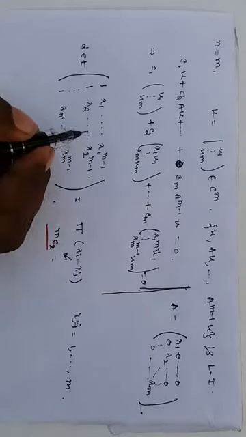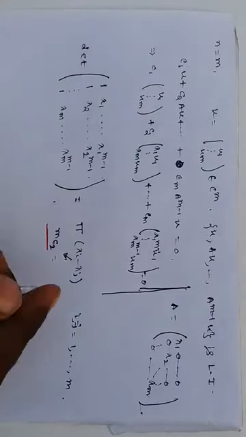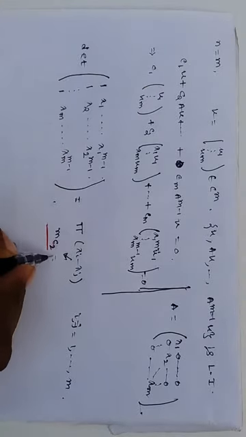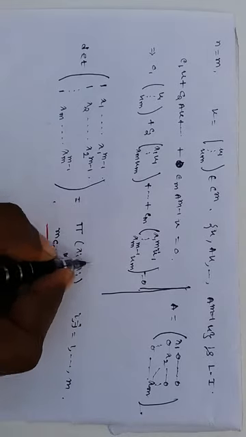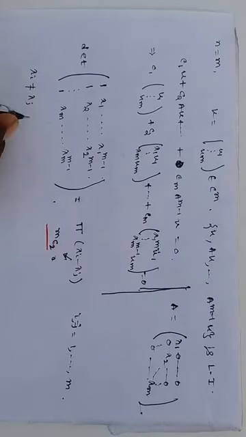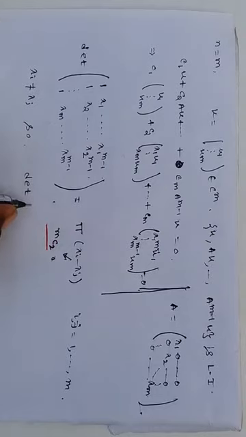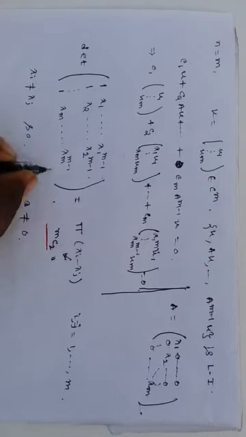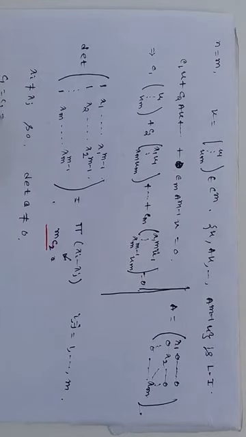So from m distinct eigenvalues you take m choose 2 such products, and since each lambda i is not equal to lambda j, the determinant of this matrix, say matrix C, is not equal to 0.